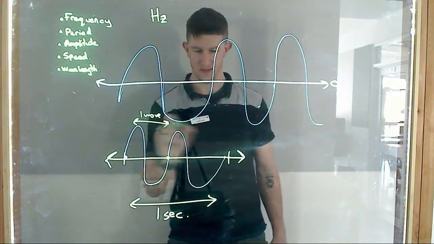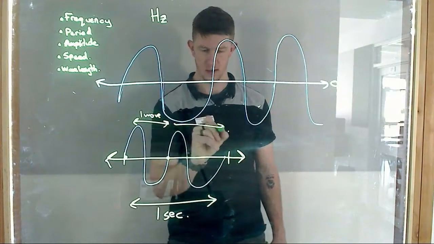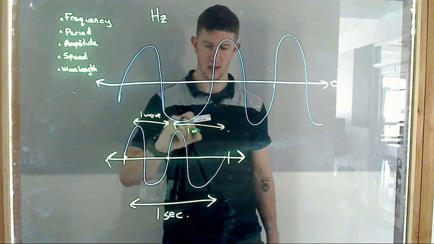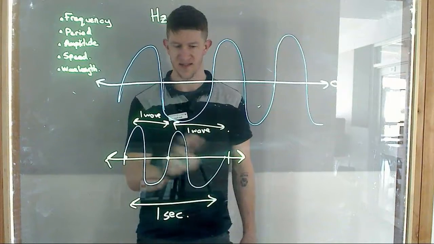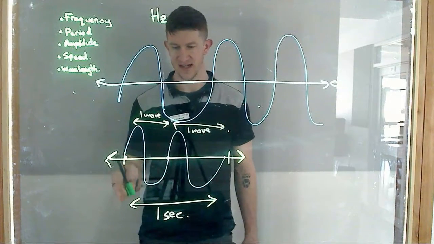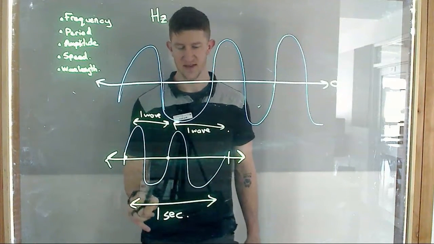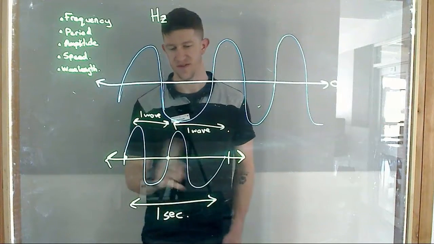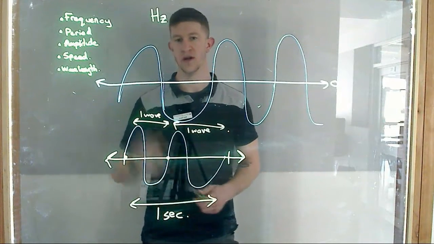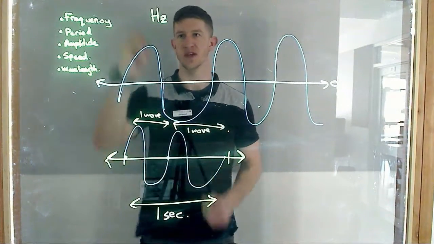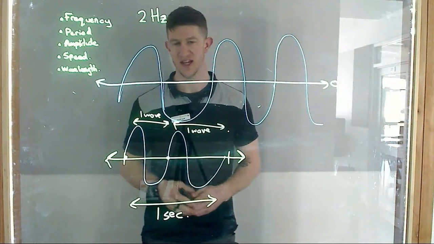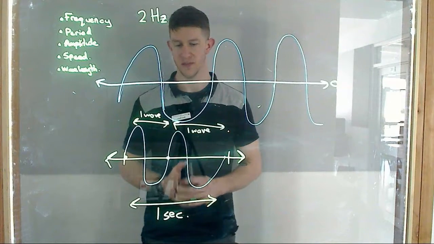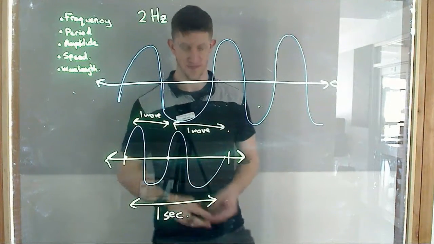And then therefore from this point to this point would also be one wave. So if I looked at how many waves have passed by in 1 second, I've got 2 waves in the time of 1 second. So this would have a frequency of 2, or using my units, I would call this 2 hertz. So that's how we define frequency. It's the number of times a wave passes a point per second.